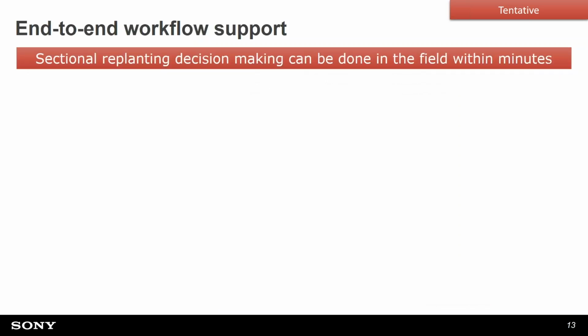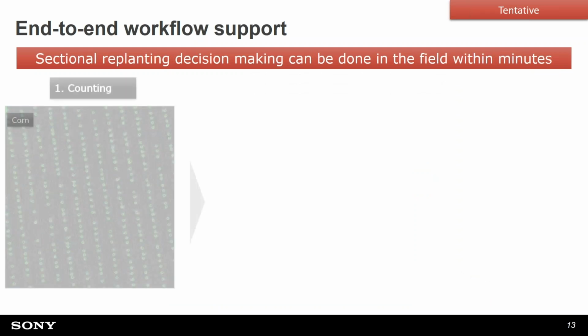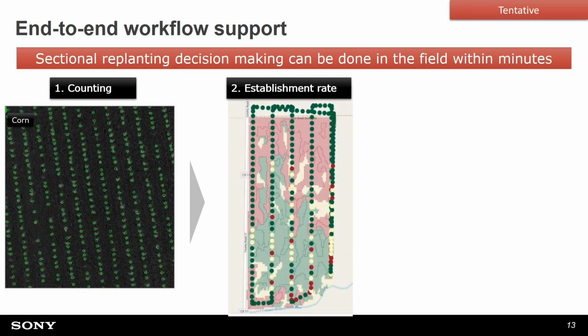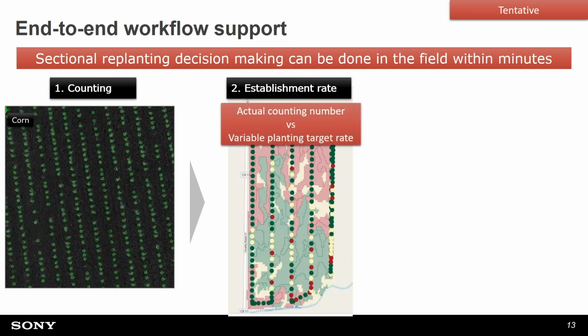And our solution supports the end-to-end workflow. The counting is actually the first step. In the second step, you calculate the establishment rate. Nowadays, some people obviously use variable rate planting, so the interest is the establishment rate: the actual counted number versus the variable planting rate target.